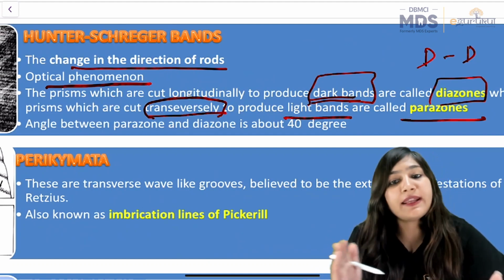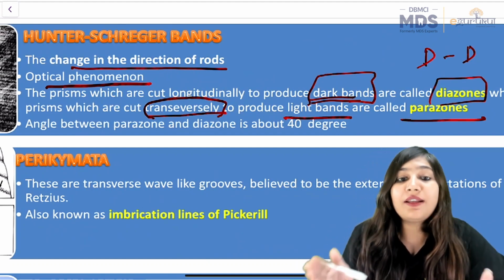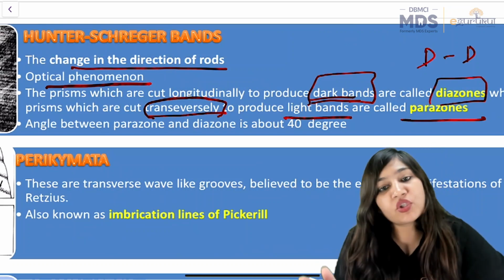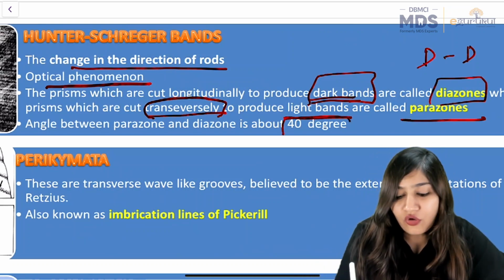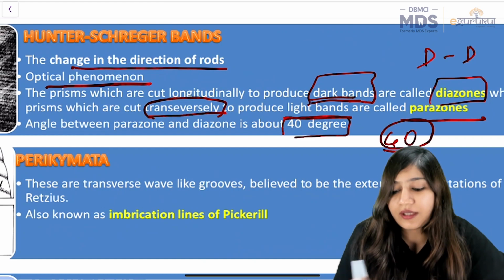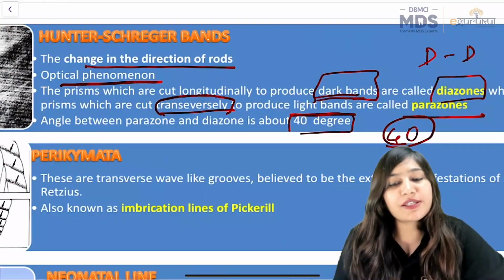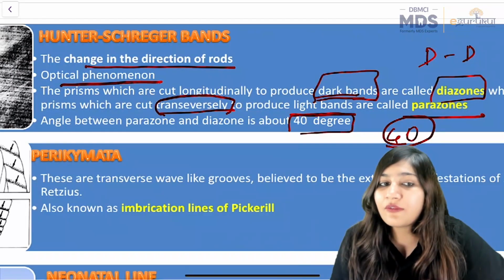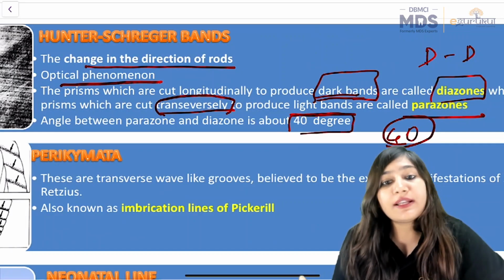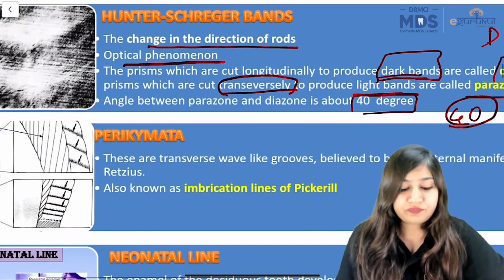Angle between, this is again an MCQ question, angle between the diazone and parazone is 40 degree. This can be asked as an MCQ question.